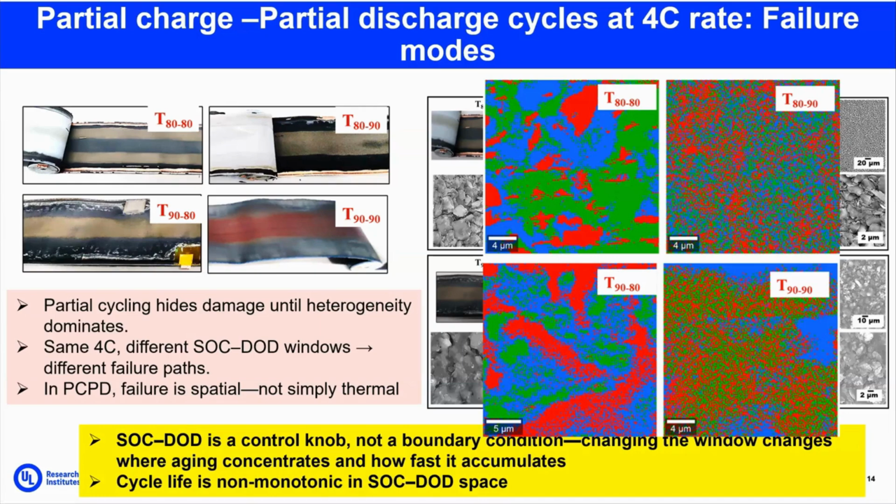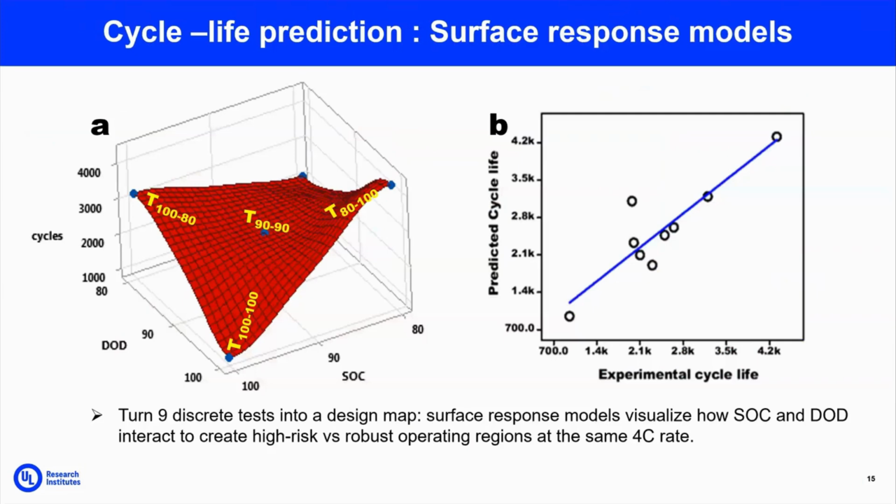Further, to finish in a few seconds, we have taken these different SOC and DOD conditions and their cycle life and put them into physical models, like surface response models.